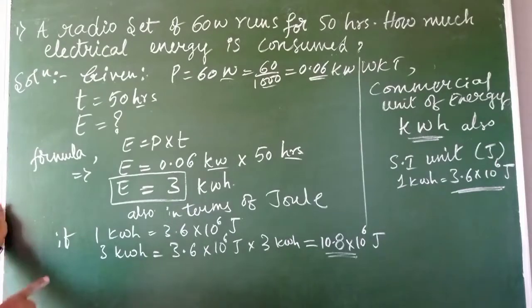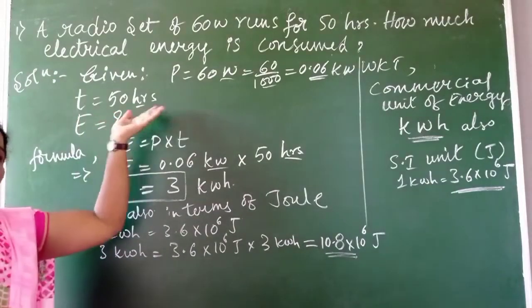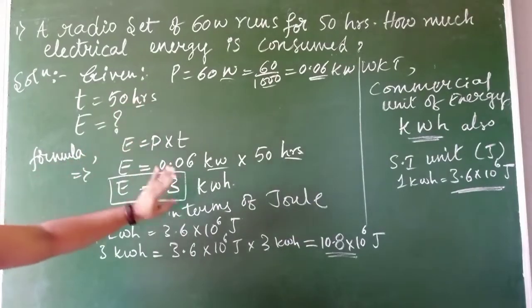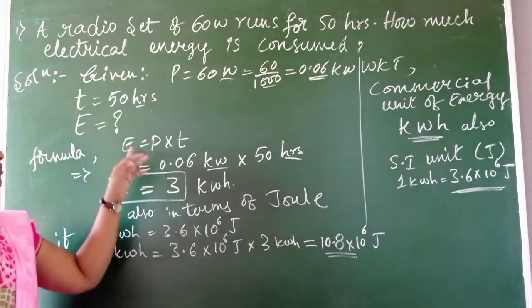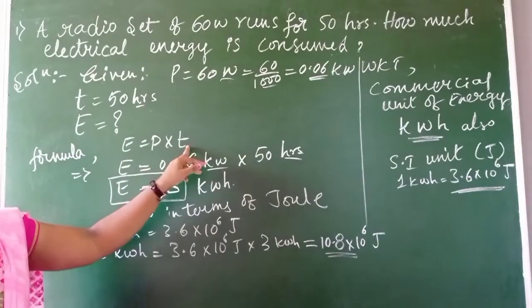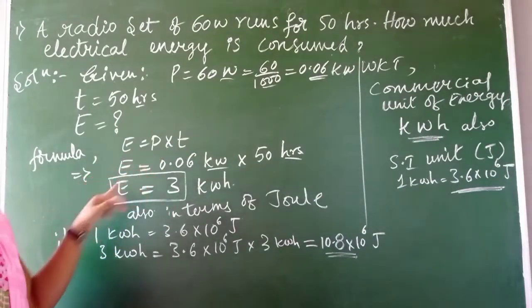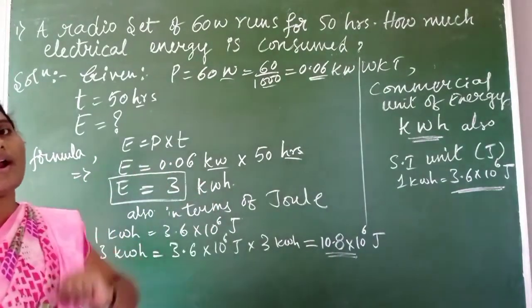Suppose they have given power in terms of watts, first convert it into kilowatts, and if they have given duration in terms of seconds or minutes, you have to convert it into hours. Then you go for solving using the formula electrical consumption E is equal to power into time. Now after substituting the values we will get energy in terms of kilowatt hour.